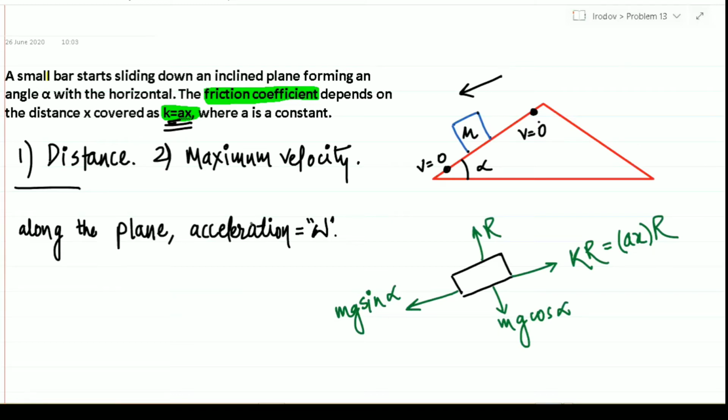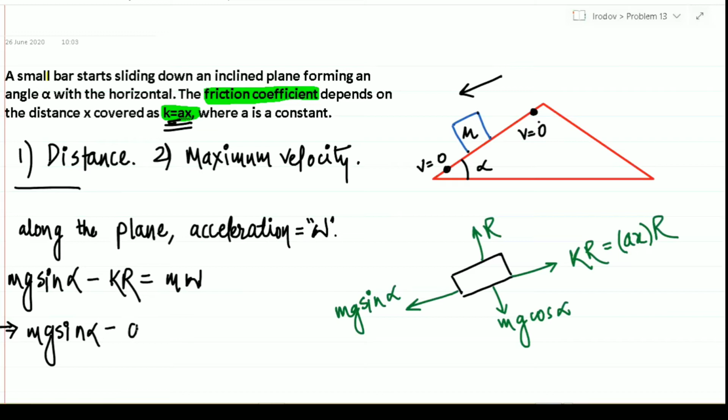So I'm going to assume it to be w. So writing the equation for motion of this bar along the plane, this turns out to be mg sine alpha minus ax times r, where r is equal to mg cos alpha, since these two forces must be equal, is equal to m times w.